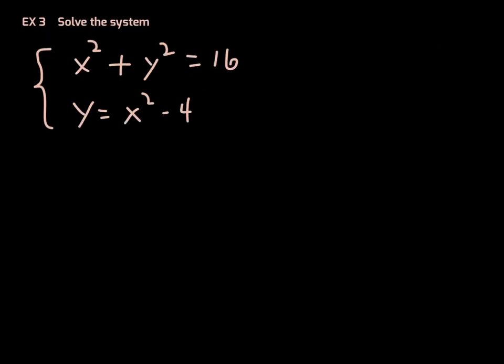All right, you guys, here's our brand new system. I would love for you to pause the video and try to identify which kind of conics we have. All right, I hope you did that. This here, because both variables are being squared, it's not a parabola. Because this is a plus sign, it's not a hyperbola. So then this is either a circle or an ellipse.